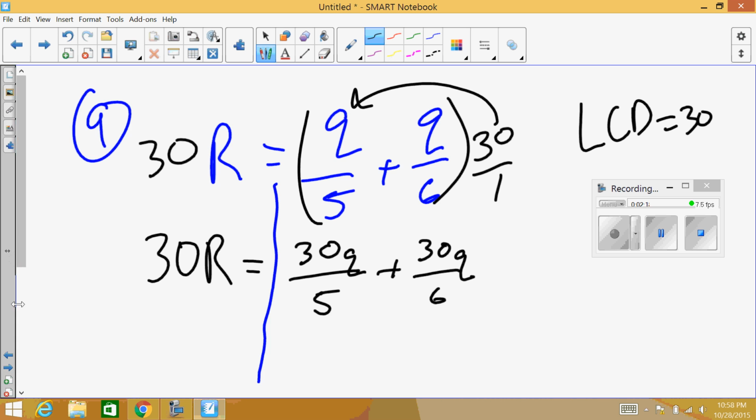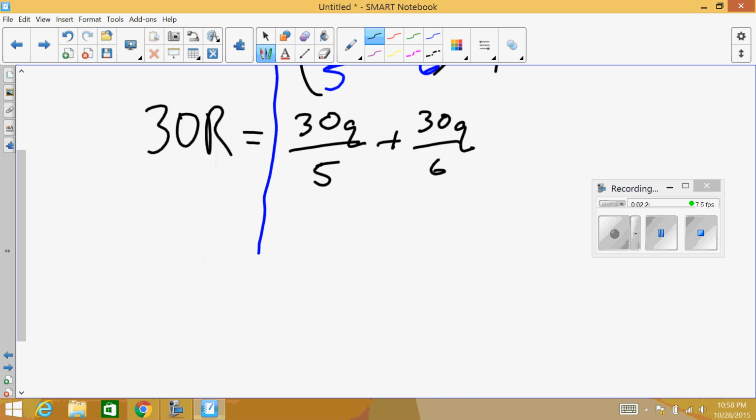If I simplify those fractions, I get 6q plus 5q, which means that I can combine some like terms, maybe divide to get rid of my coefficient, and see if I can simplify. But in this case, I've got an r here, so I don't have to worry about working through to a single value, because it's going to be q equals some expression with r still in that.